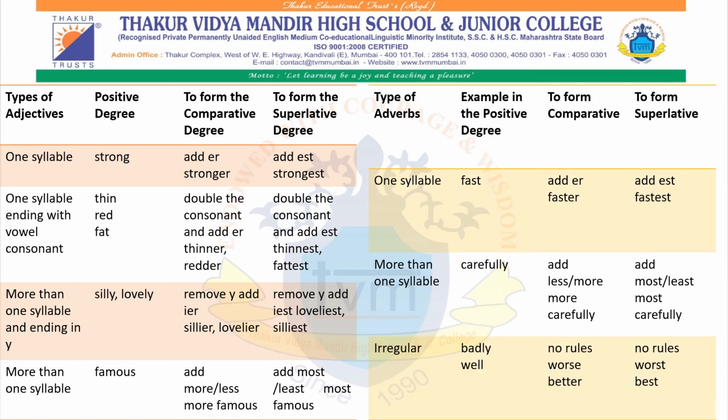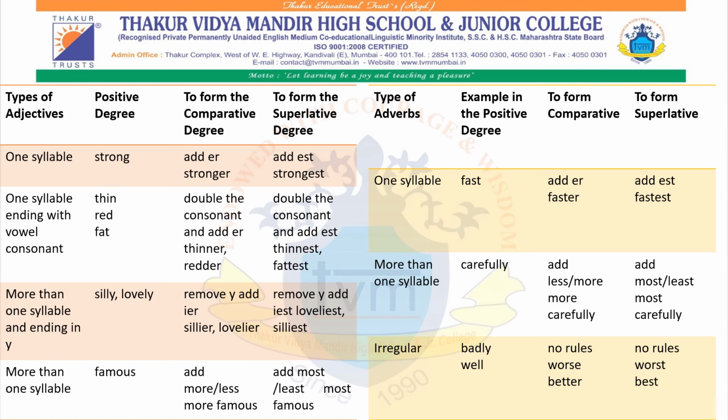Adverbs: if it is of one syllable, such as fast, we add er for comparative, est for superlative. If it is more than one syllable, such as carefully, we add less or more for comparative, least and most for superlative.